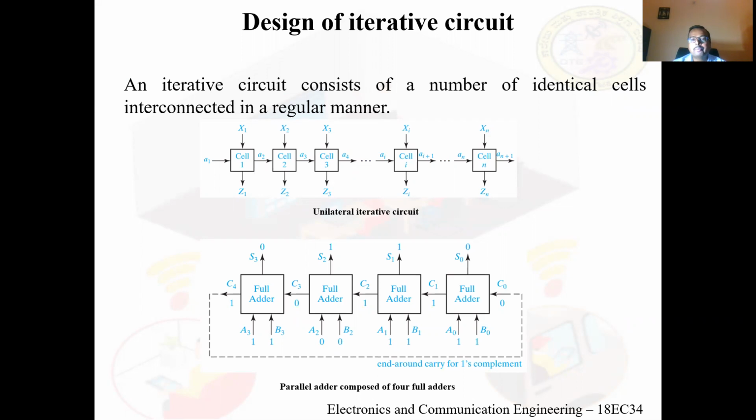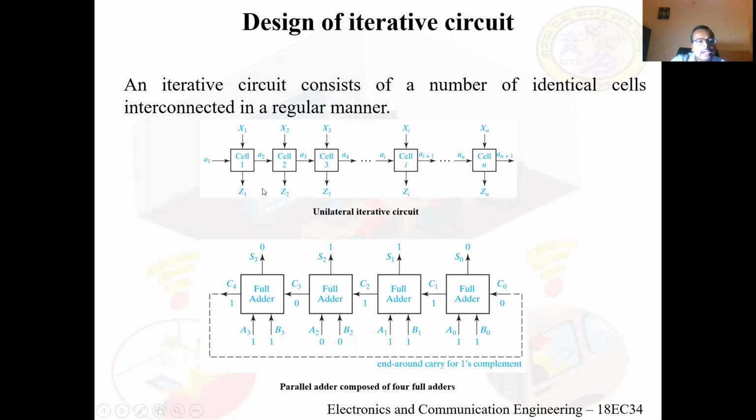In order to perform the binary addition, the same operation is performed on each pair of input bits here, right? The first diagram shown is that of a unilateral iterative circuit. We call this unilateral because the signals move from left to the right.